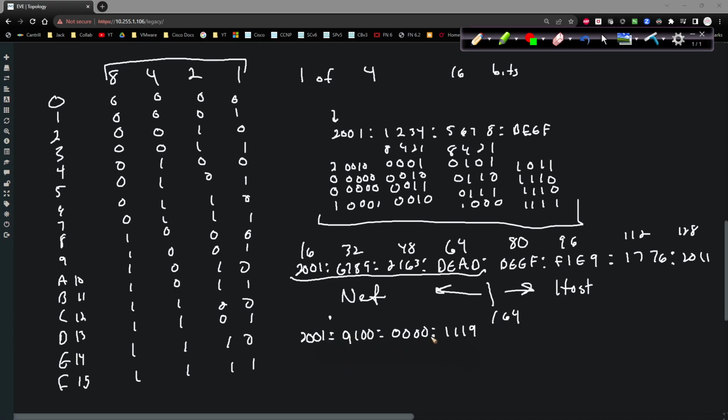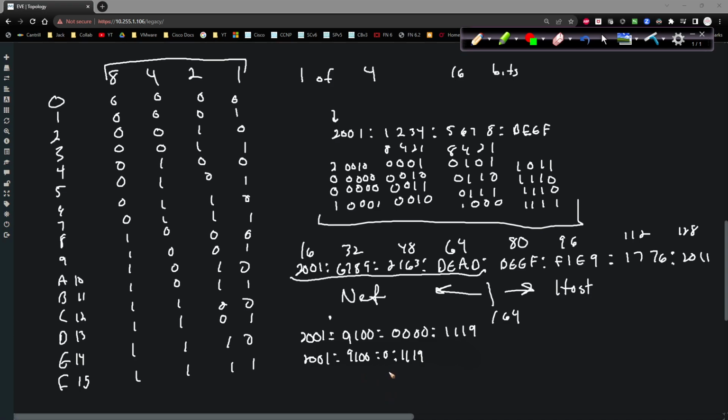You can take any 16-bit block right here that is all zeros and shorten it down to a single 0. So your address would then be 2001 colon 9100 colon 0 colon 1119.